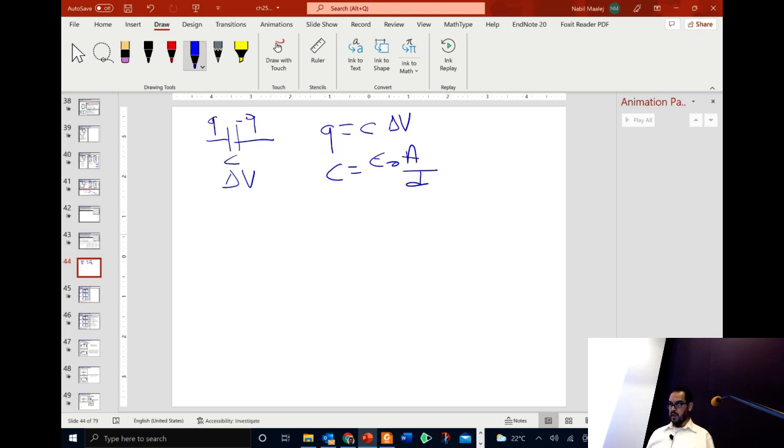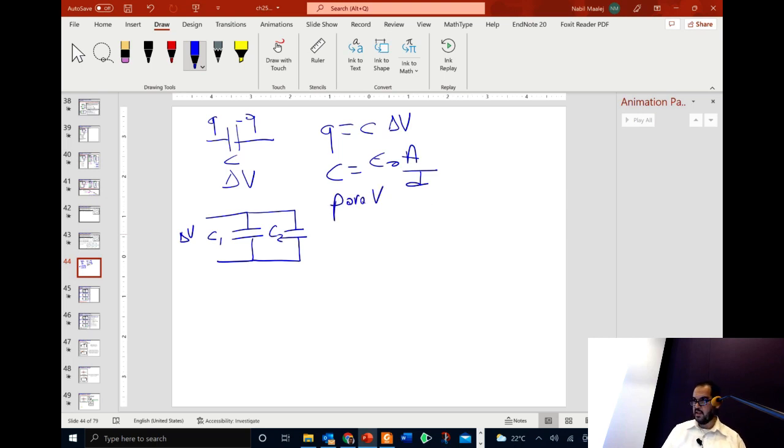Then we also did capacitors in series and in parallel. If we have capacitors connected in parallel, like C1 and C2, we said that the voltage delta V across them is the same.